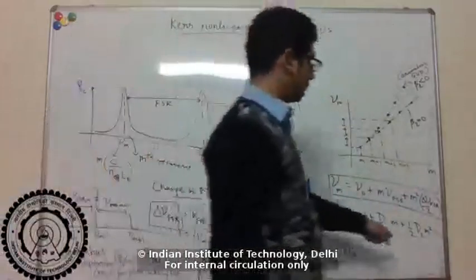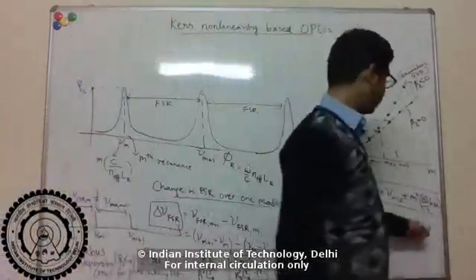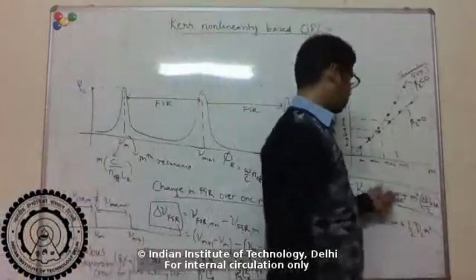So D2 tells you how much the FSR is changing with mode number, which depends on the GVD, and D1 just gives you the FSR.